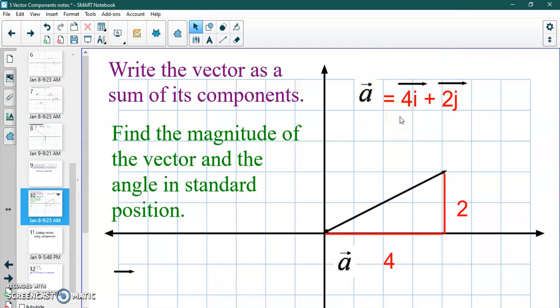Now we want to find the magnitude of the vector and the angle in standard position. Okay, so our vector A is right here. We want to find this distance and the angle that we have here. Well, that's just using what we know about trig, and we're going to start with our Pythagorean theorem first to find the magnitude. So we've got 4 squared plus 2 squared equals a squared.